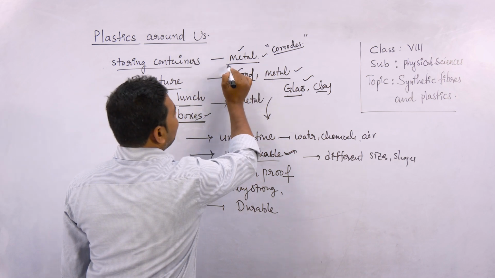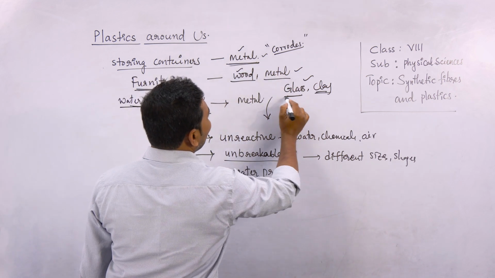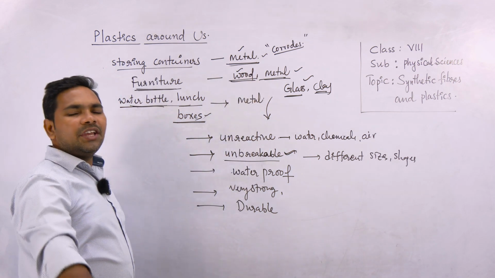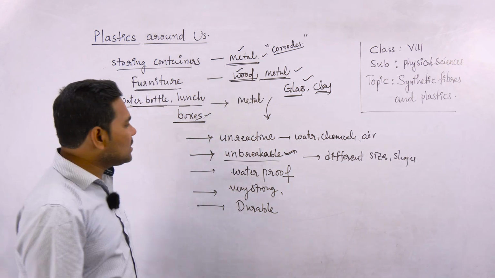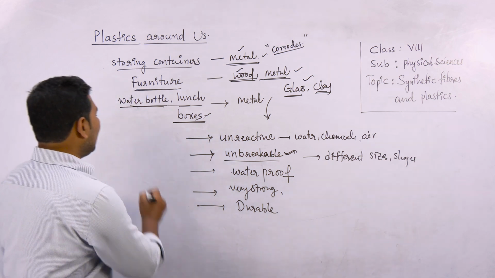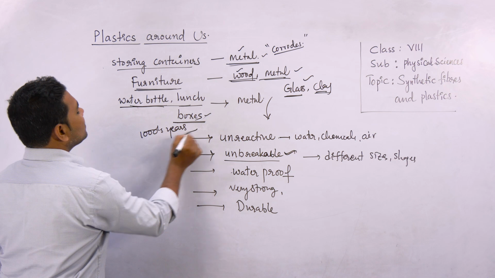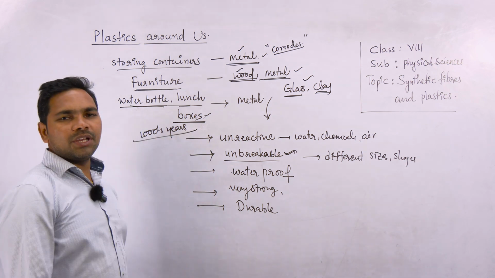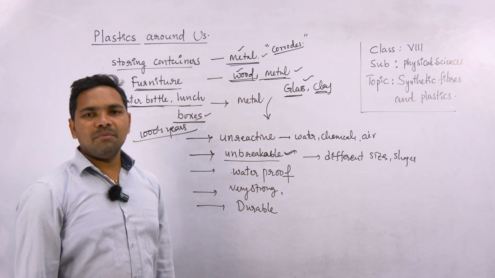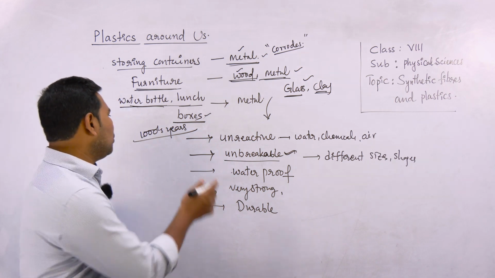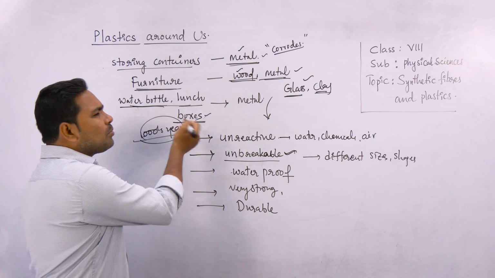Because whatever natural sources, you may say clay, glass, metals, wood, anything, they generally decompose in the earth's crust. But plastic takes thousands of years to decompose in the Earth's crust. This is a major drawback and disadvantage.